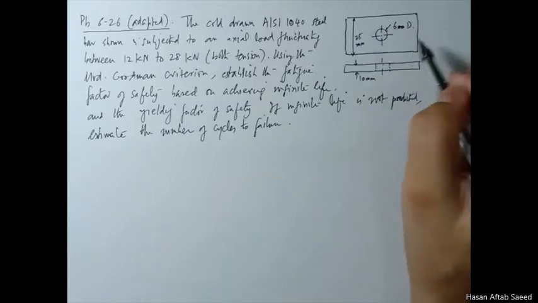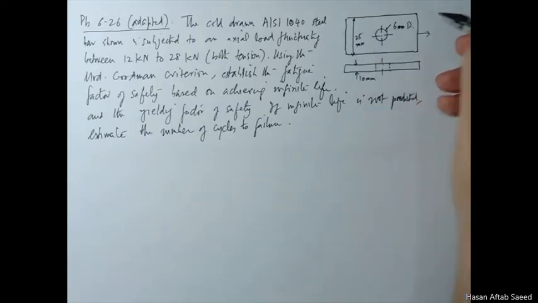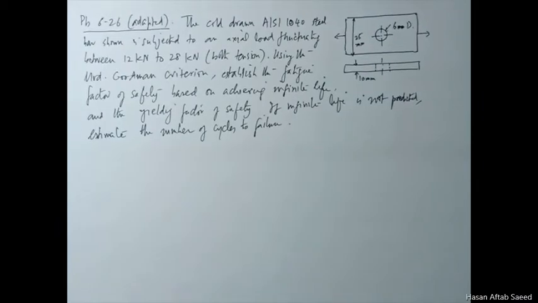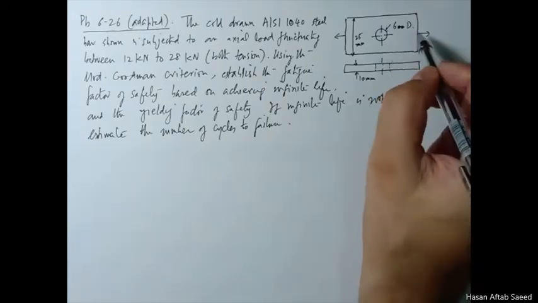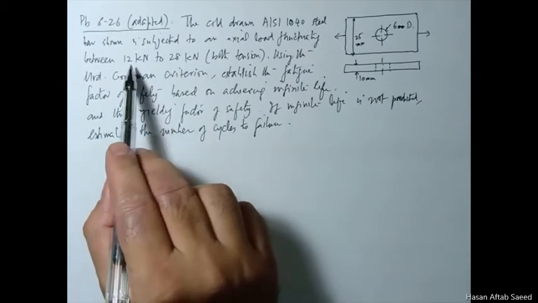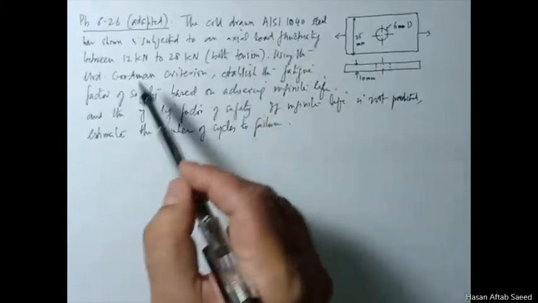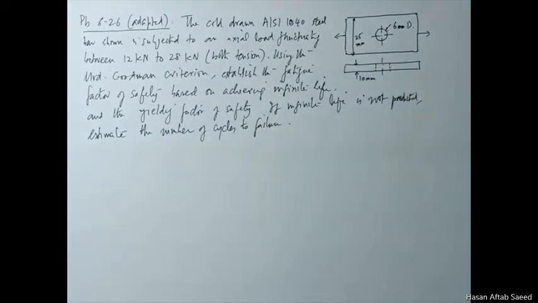This is an axial loading problem. You have seen this type of problem before, but in that case it was a fully reversed case. Here we have a fluctuating case, because the load varies from 12 kilonewton to 28 kilonewton. Otherwise this is pretty much the same problem.